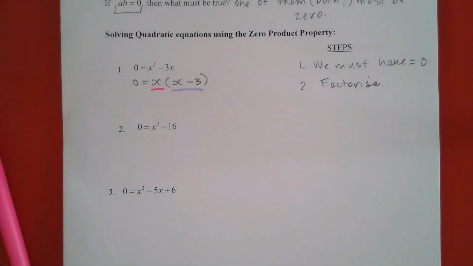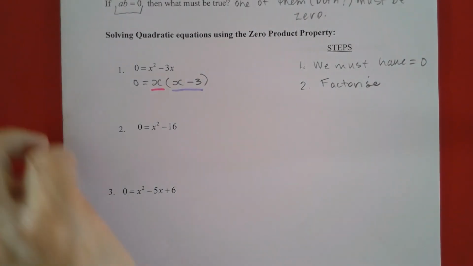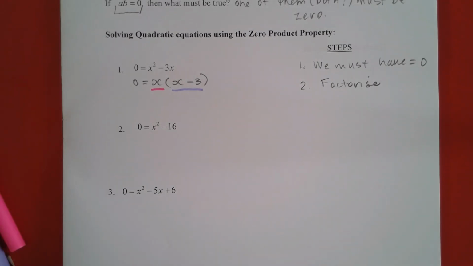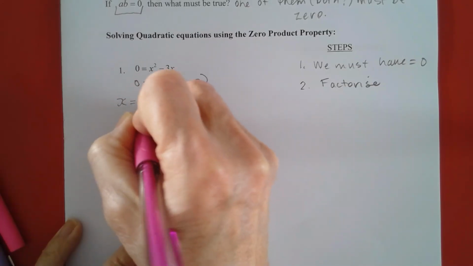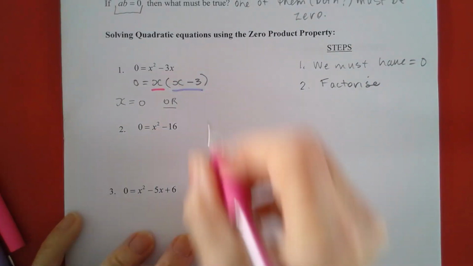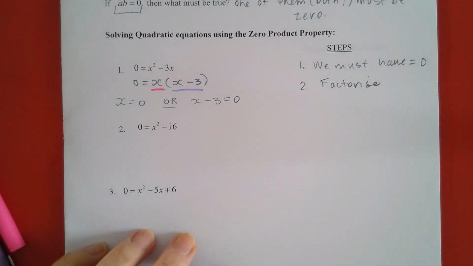I have two things multiplied together. That times that. The zero product property says one of those has to be 0. So when I do my answer, I'm going to say x equals 0, or one or the other, x minus 3 equals 0. Agreed? One of those has to be 0.